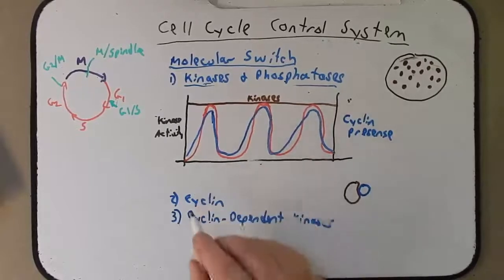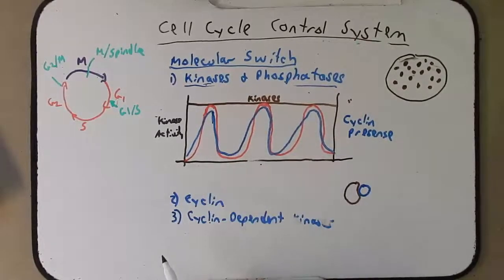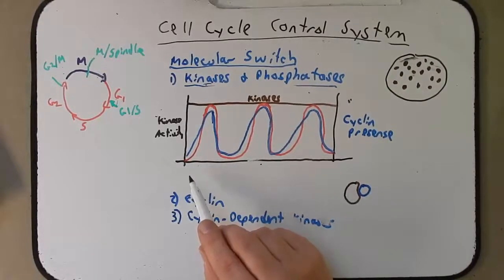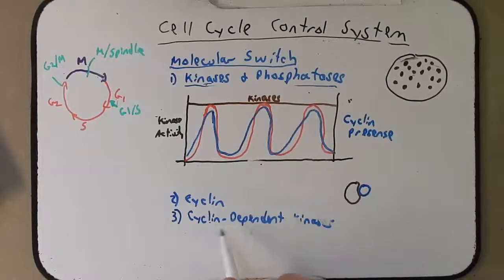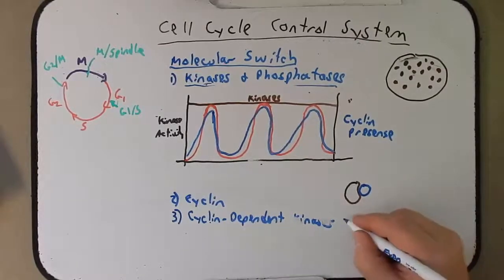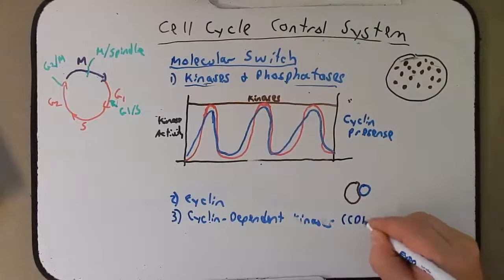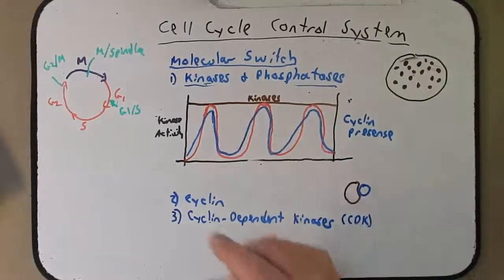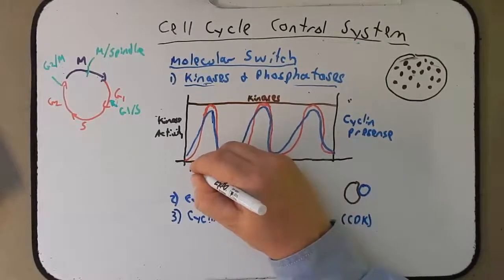So for instance, maybe we're drawing here a mitotic specific cyclin and cyclin dependent kinase, which we usually abbreviate as CDK. In this particular example, these are only going to be active during mitosis.